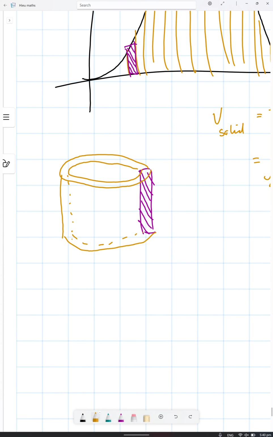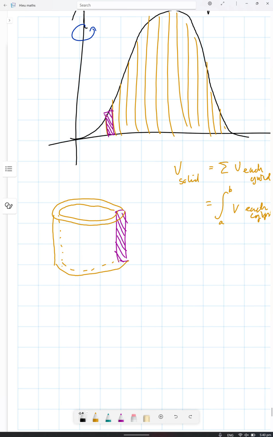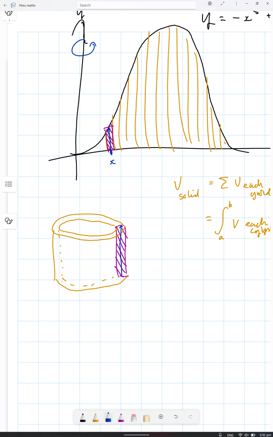Okay, so how do we do this? Well, if we think about it, at any point x, let's say our point x is here, then the height of this rectangle is given by f(x), right? We just plug our x into the equation.